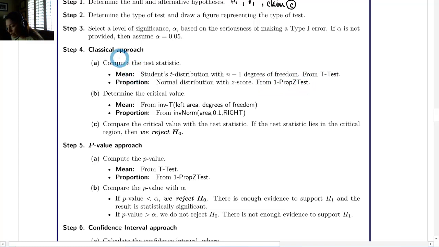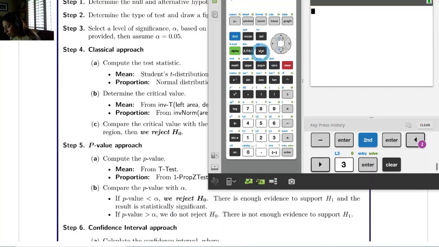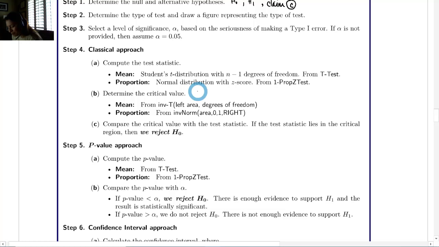So if you're going to use the classical approach, you'll need to do the t-test for a mean and one prop z-test for a proportion. If we went to our calculator and went to stats and went to test, you're going to see that these are in here. The t-test is number 2, and the one prop z-test is number 5. Those are the 2 we're going to use the most in this chapter. When we move on to other chapters, we're going to use everything else.